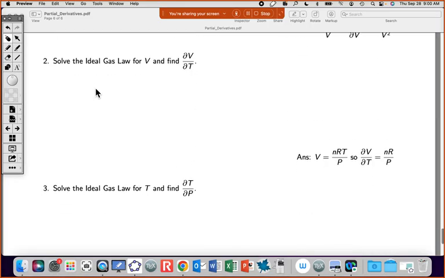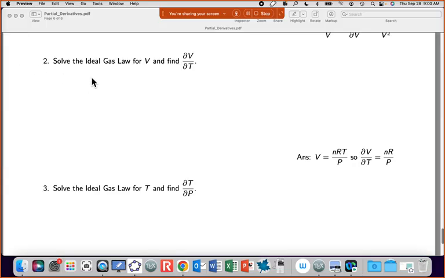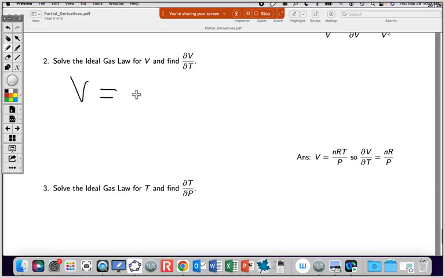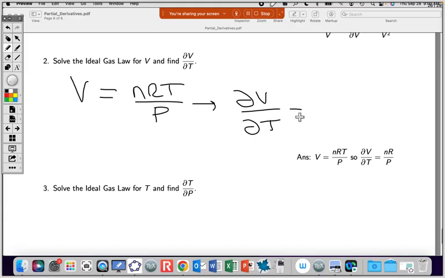You could solve the ideal gas law for V and look at the partial of V with respect to T. So V would be nRT over P, and you could take the partial of V with respect to T. Here, we're treating all of these as constants.